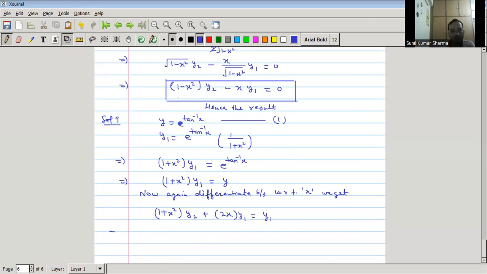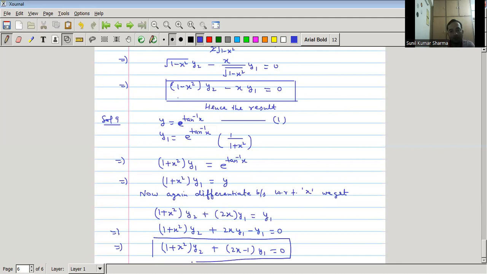So this implies (1 plus x square) y2 plus 2x y1 minus y1, that is equal to 0. So this implies (1 plus x square) into y2 plus (2x minus 1) y1, that is equal to 0. So this is the required result. So hence the result.